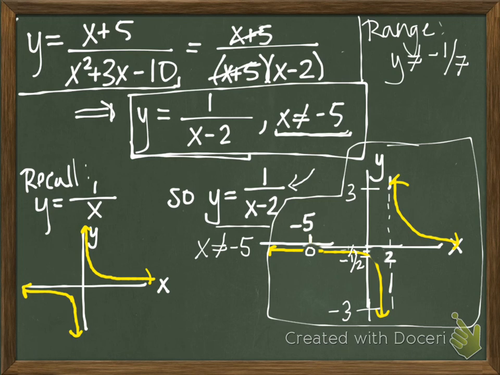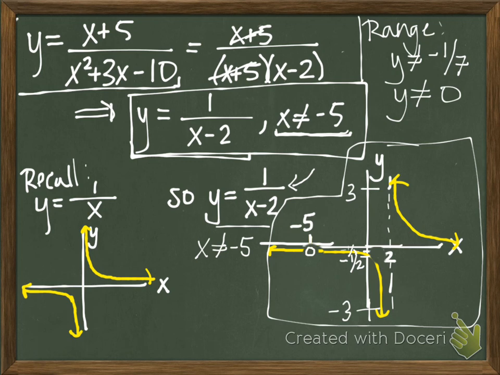There's no value that I can input into the function that will give me negative 1/7 as the output. I'll continue up along the graph, and I stop the next time I hit a y value that's not in my range. And the next time that happens is when y is equal to 0. You can see this function never crosses the x-axis, and so that means that y is never going to be 0 in my range.